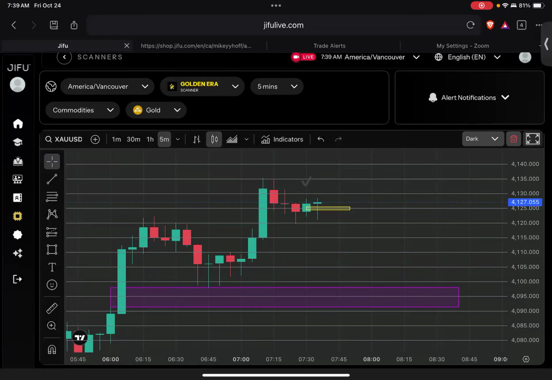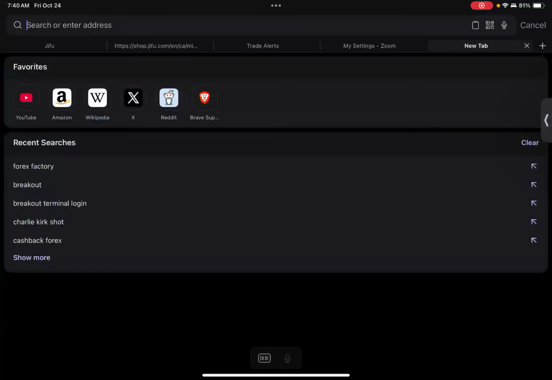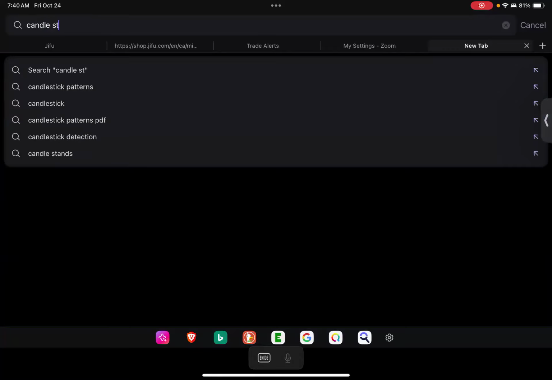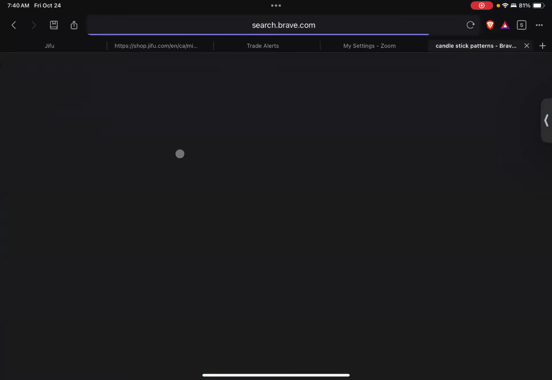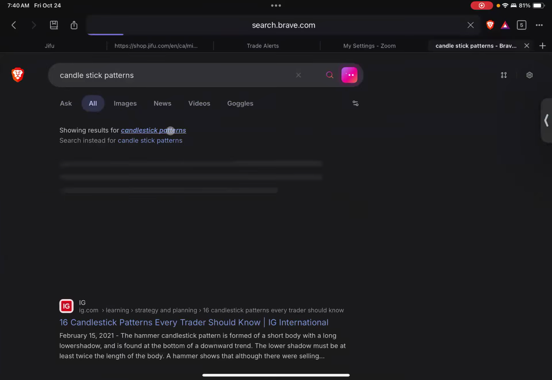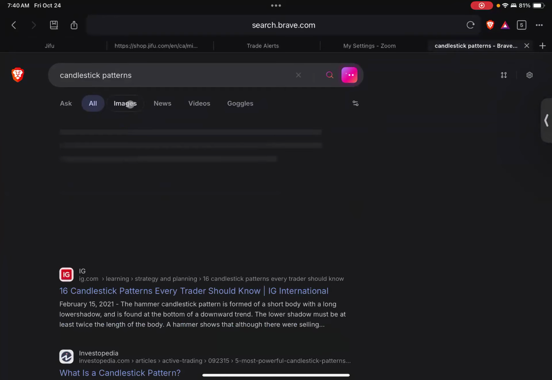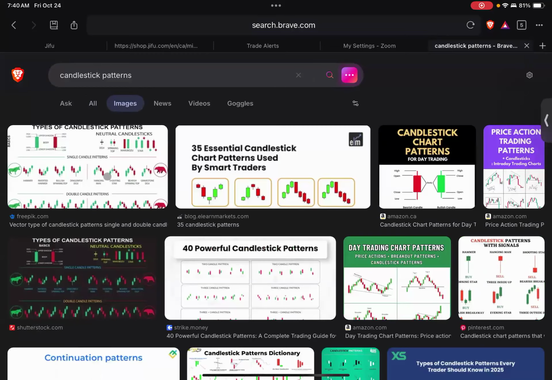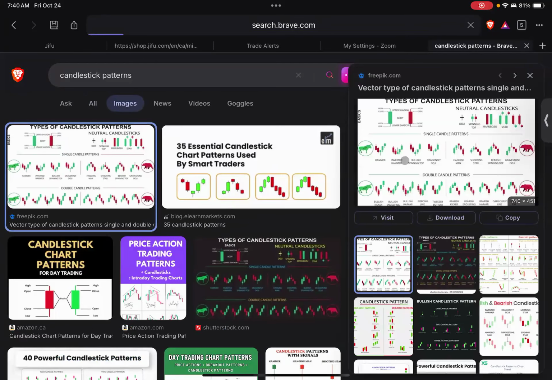If we search up candlestick patterns, there are certain patterns here, and if we open this a little bit higher.